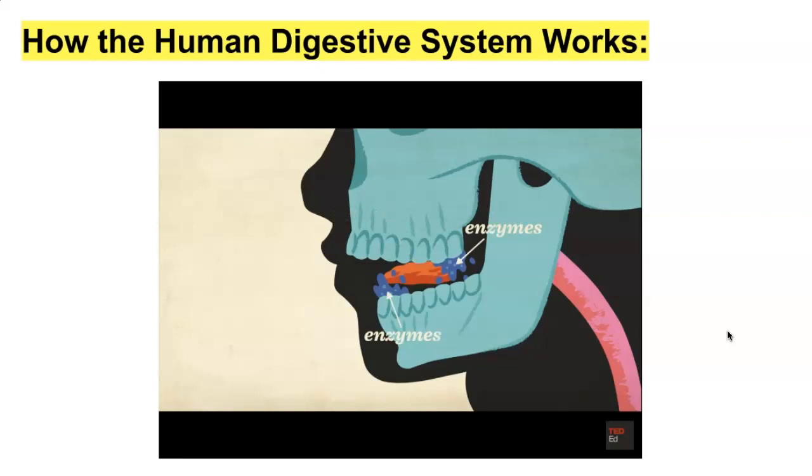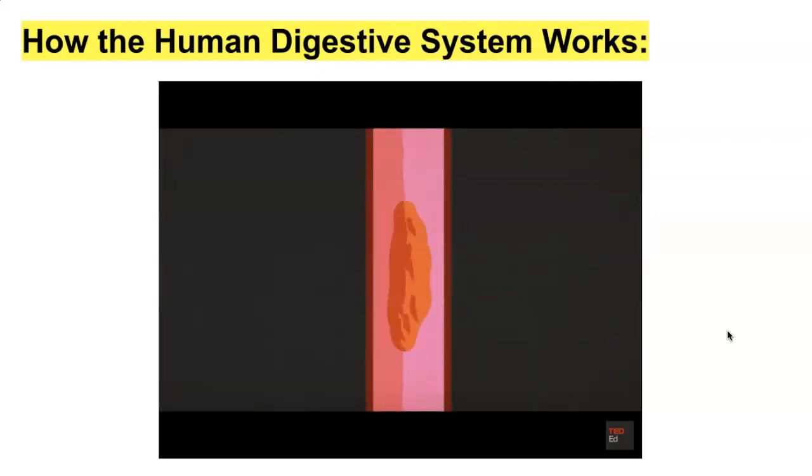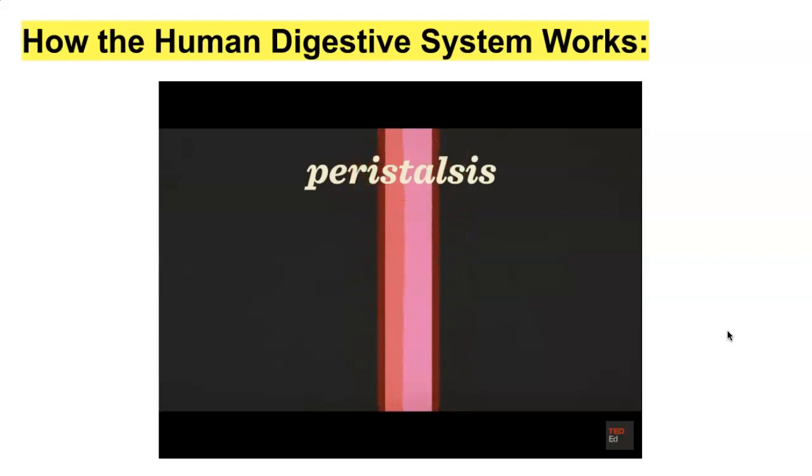Enzymes present in the saliva break down any starch. Then your food finds itself at the rim of a 25 centimeter long tube called the esophagus, down which it must plunge to reach the stomach. Nerves in the surrounding esophageal tissue sense the bolus's presence and trigger peristalsis, a series of defined muscular contractions.